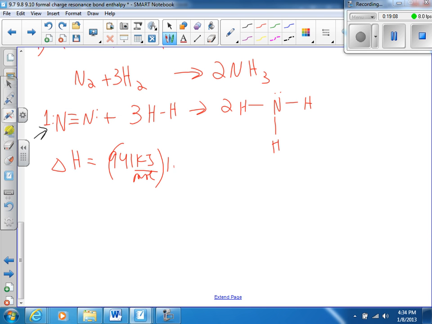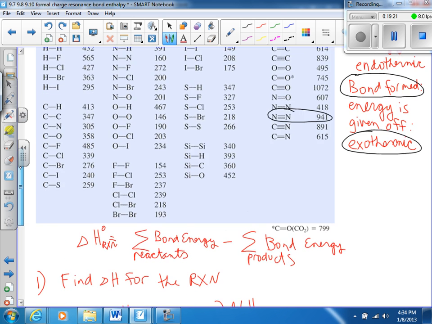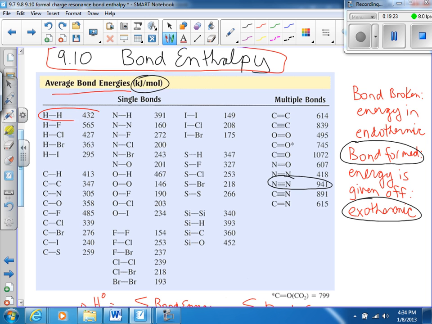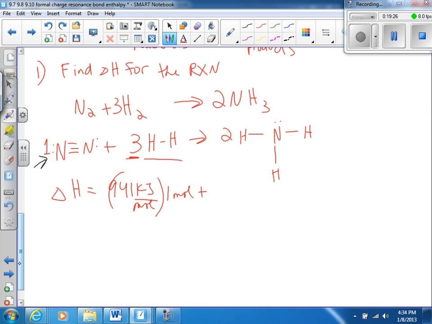There's just 1 mole times 1 mole, because there's 1 mole of N≡N, plus we have right here an H–H bond. And how many? We have 3 moles of those. So let's look up H–H right here, 432 kilojoules per mole times 3 moles. We have 3 moles of H–H bonds.